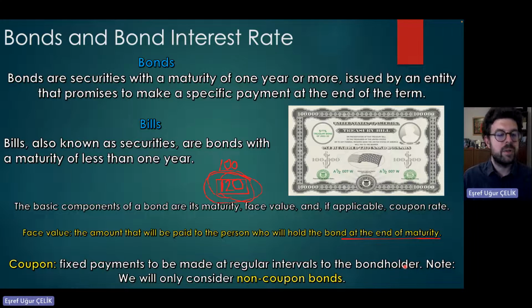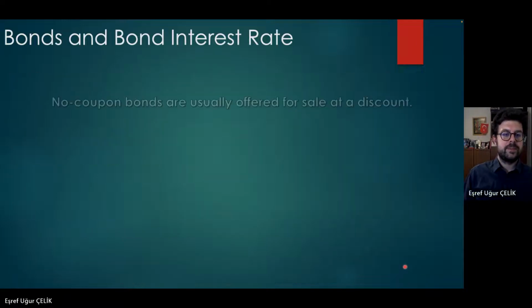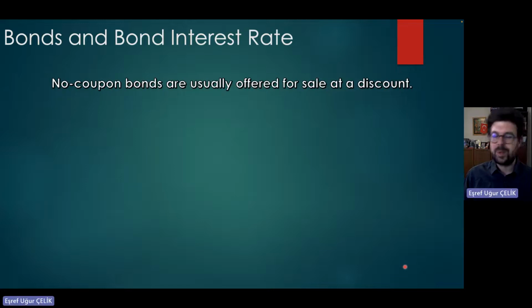I know you can already know the coupon part, but when we add the coupon to our example, the question becomes harder. That's why we can focus on the non-coupon bond or non-coupon bills. Maybe non-coupon is more appropriate.